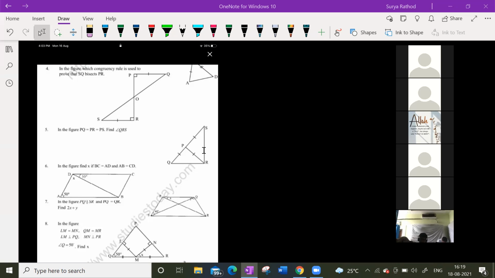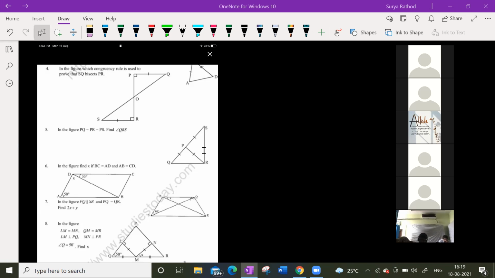Sir, we can take angle QPO is equal to angle SRO, and angle POQ is equal to angle SOR, and SR is equal to PQ. So by AAS congruency.